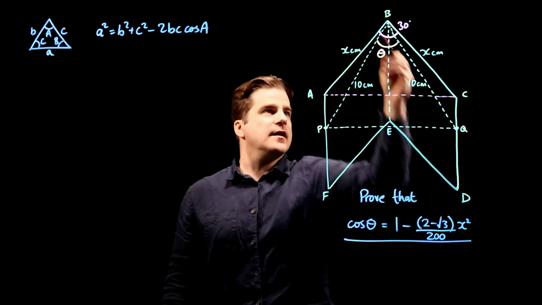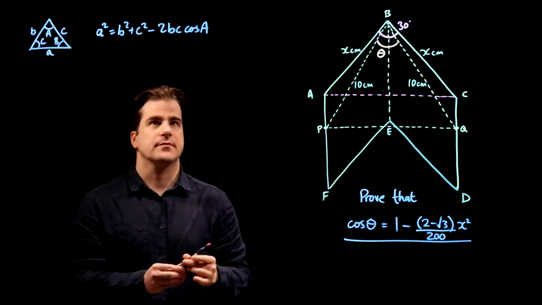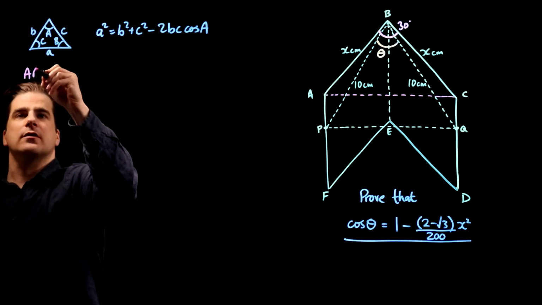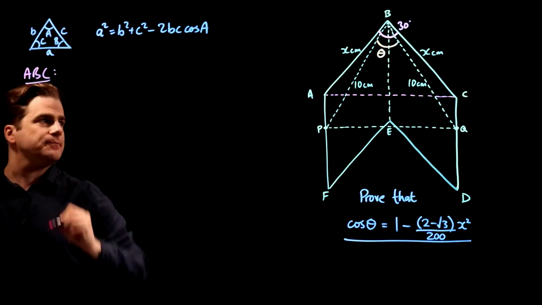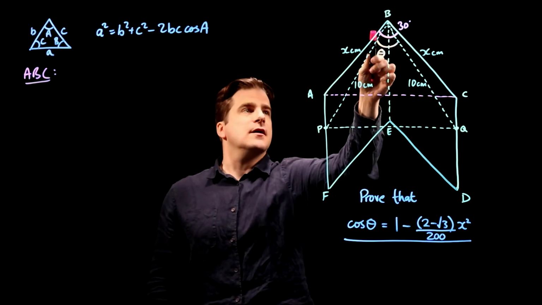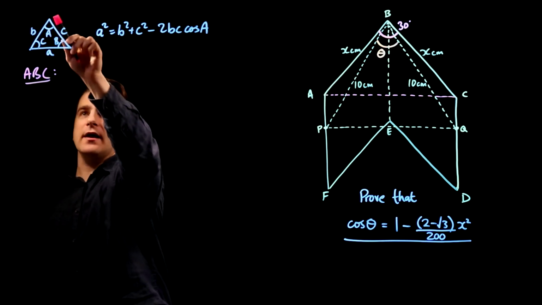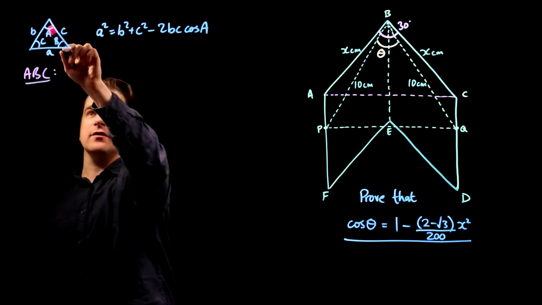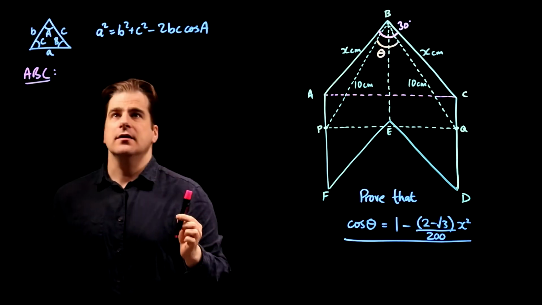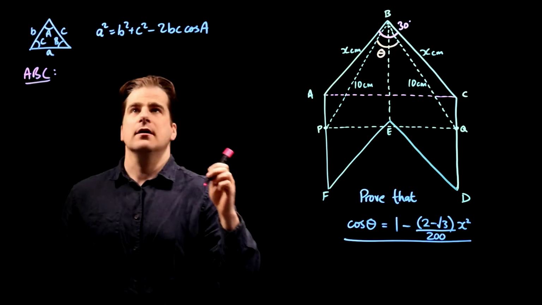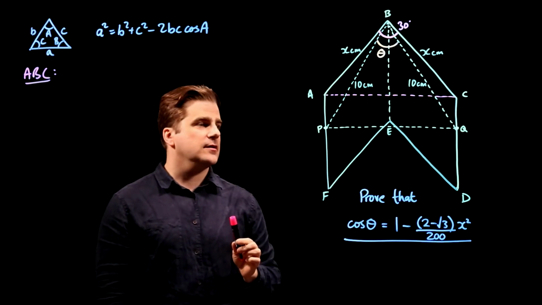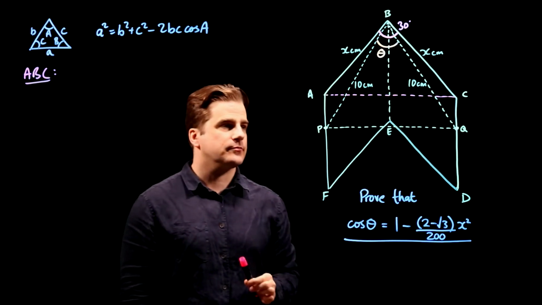So for ABC, that's the angle up there. It does correspond to A for this triangle at the top there, and B and C are x and x. So, what's this side here? That's AC. Well, we don't know what that is.